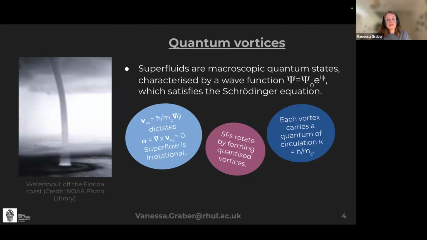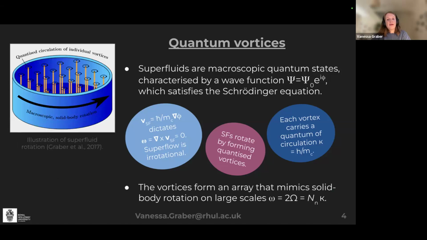Each of these vortices carries a quantum of circulation kappa that's determined by natural constants, specifically in our system, the mass of the Cooper pair, which is 2 times the mass of the neutron, because I'm going to be focusing on the neutron superfluid. Now, in the simplest picture, we have everything being regular.